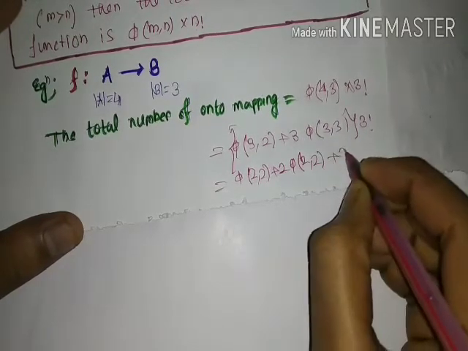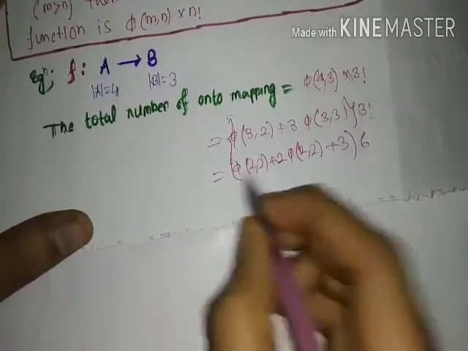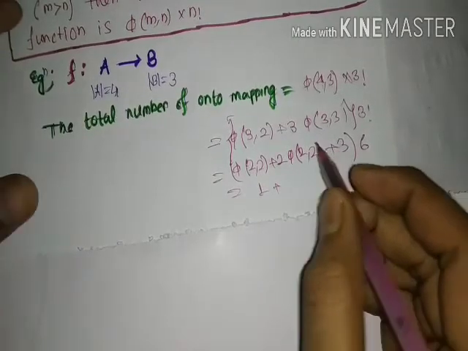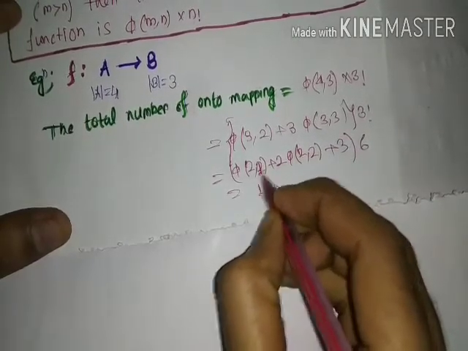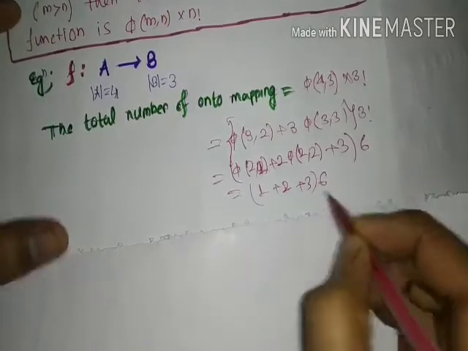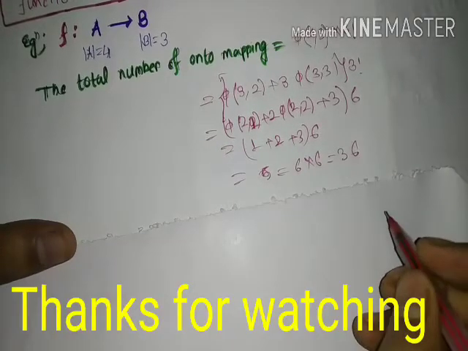Value of this is 1. So this is 1. This value is also 1. This value is also 1. This plus this into 6. So the final result we get is 6.